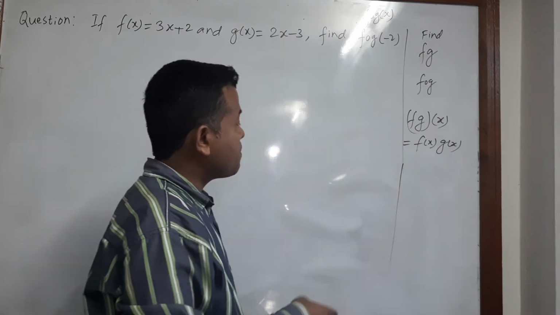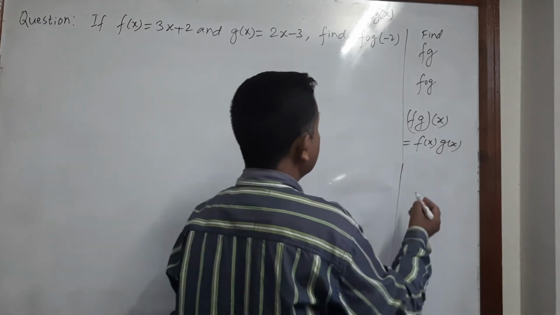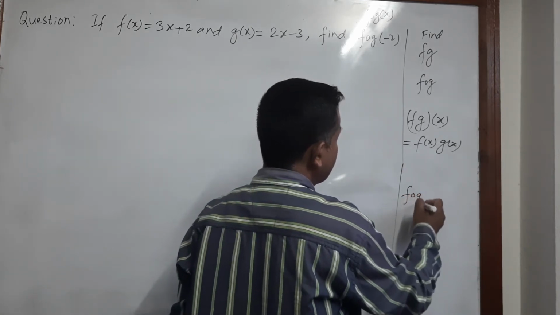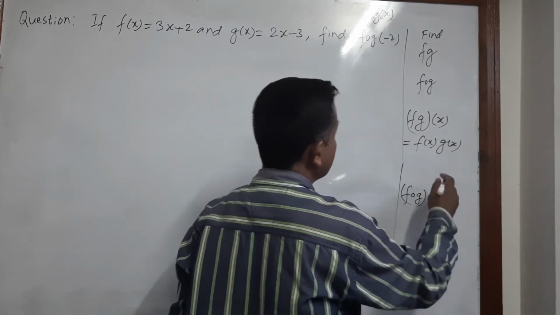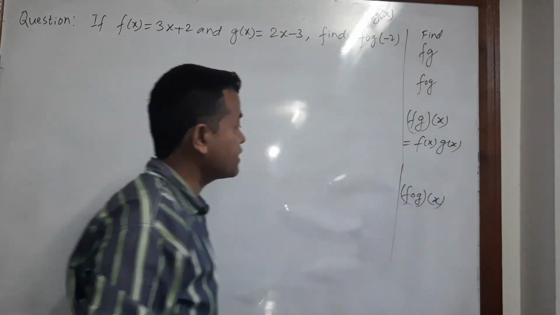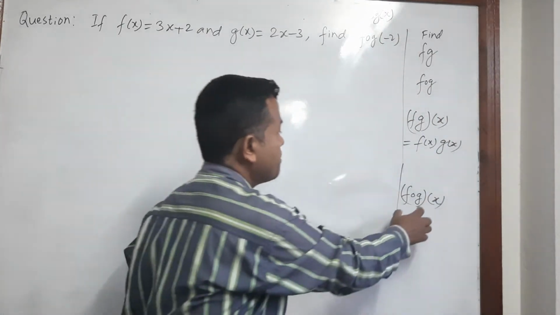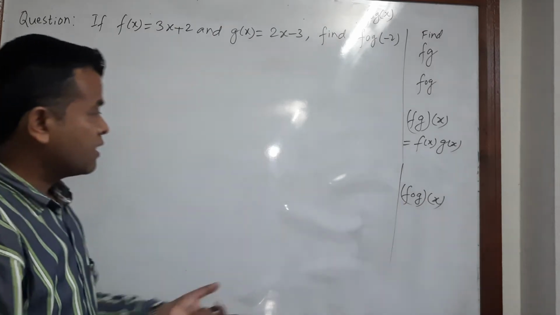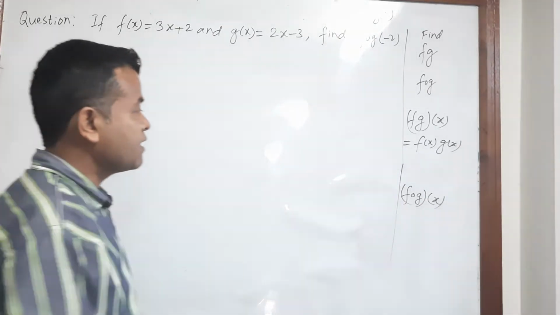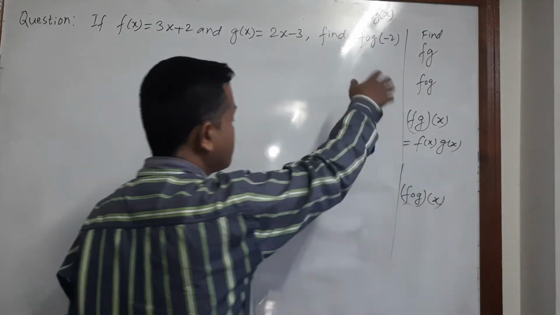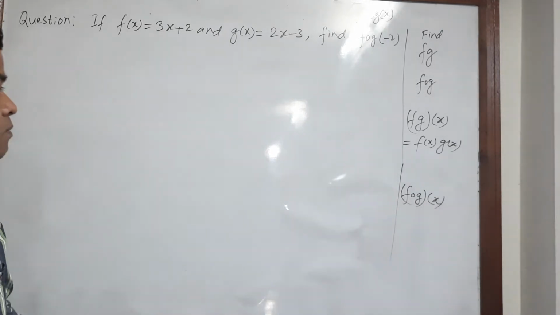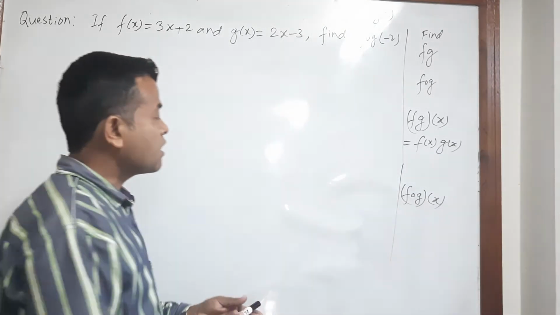So if the intention of the book is to ask for the product, then it should be given in this form. And while finding the composite function also, it is frequently seen that the book asks to find f of g(x). The bracket is not necessary, but we find a bracket in the book. In this also you have to find composite functions. You need not be confused with this.